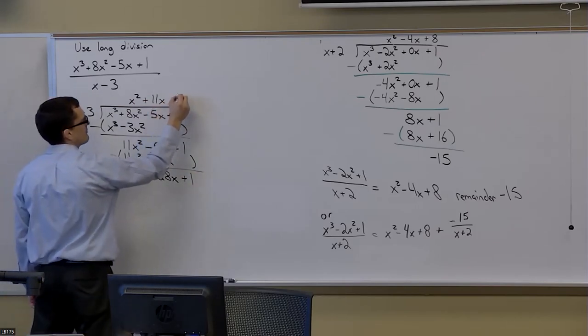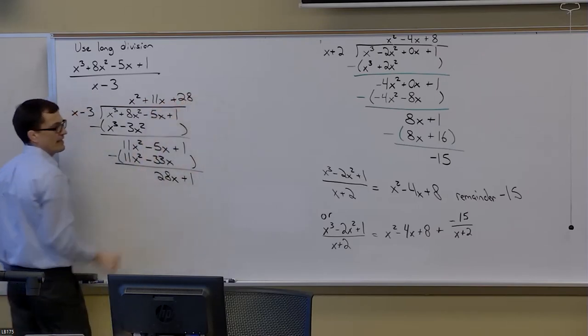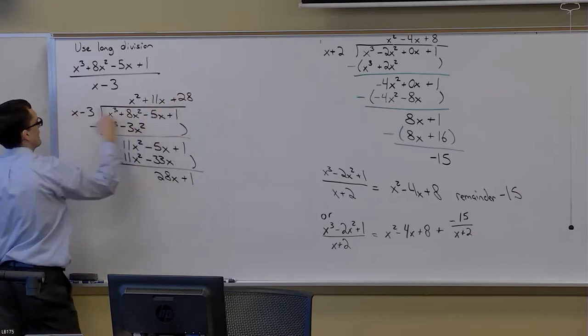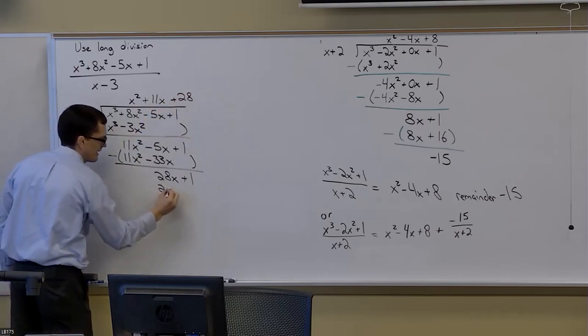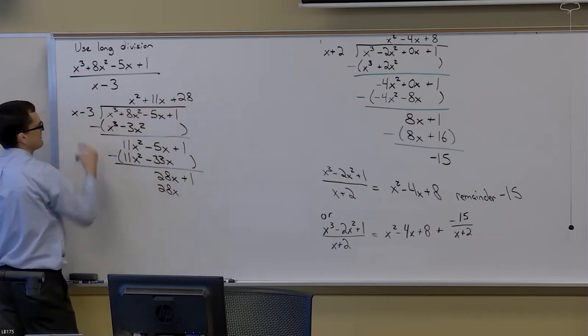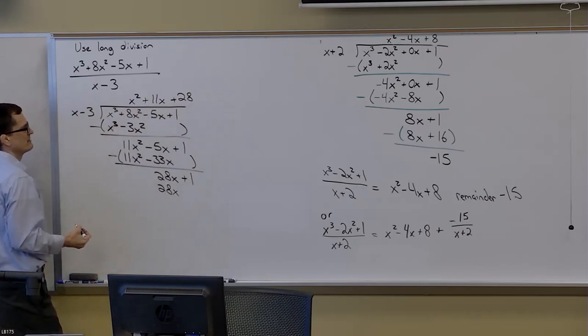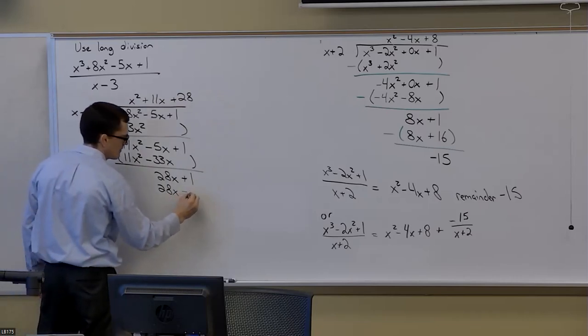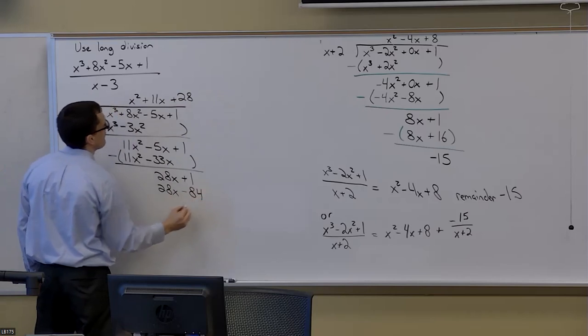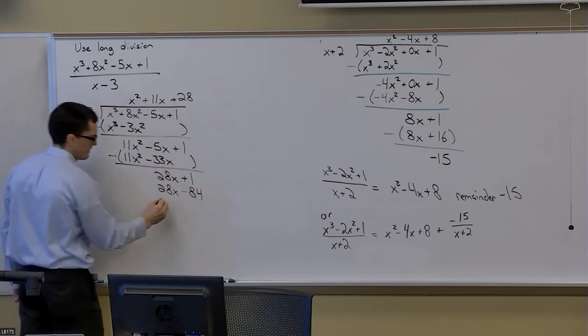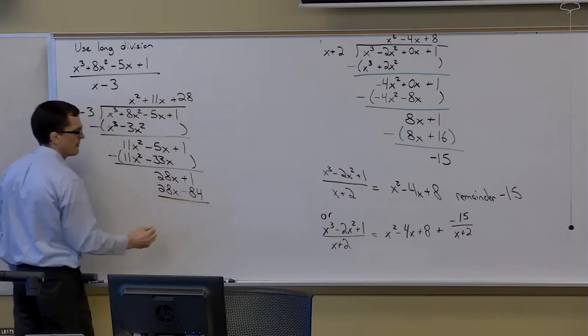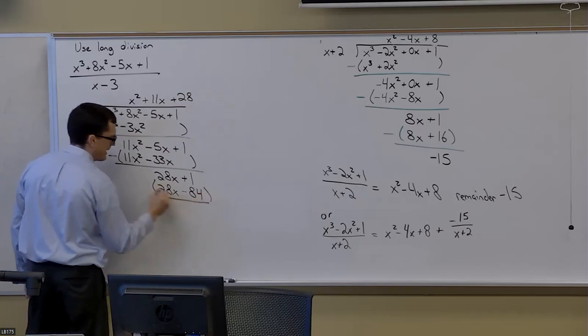Then I need a 28 up top. 28 times x is 28x. 28 times -3 is, what's that, 84? -84. Is that right? Is that in my head? And then subtract the whole thing.